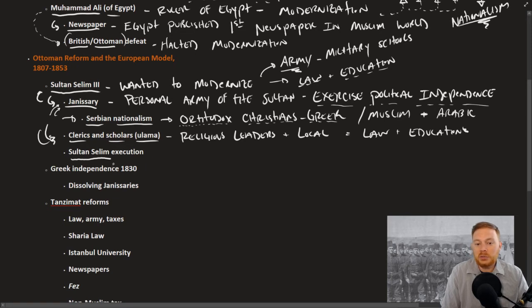He was executed more or less as a result of his efforts to reform. So at least in the case of Selim III, it's definitely telling that for any effort by the Sultan, who is the equivalent of the emperor but whose power has been significantly undermined, it's going to be difficult to enact any sort of reforms.